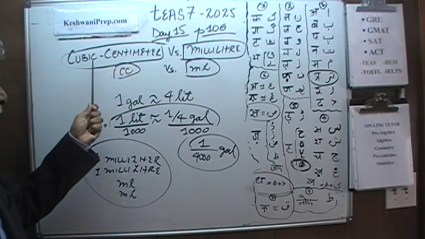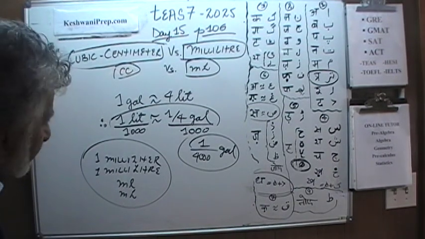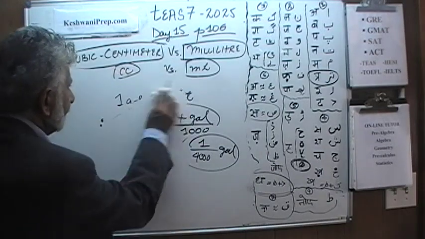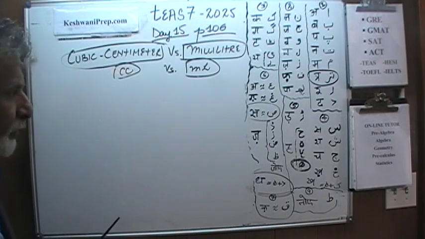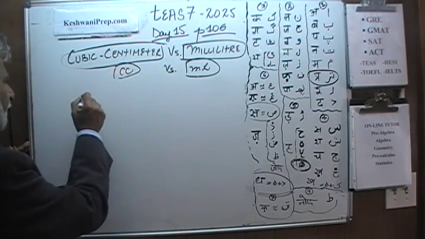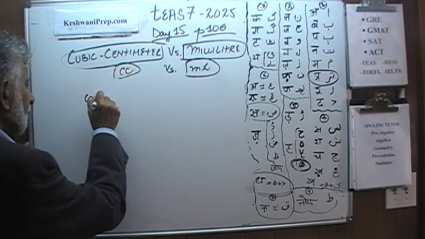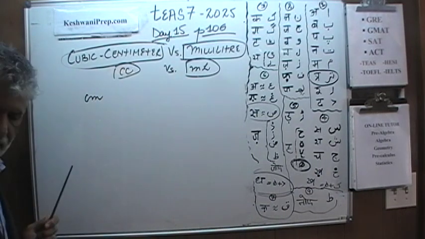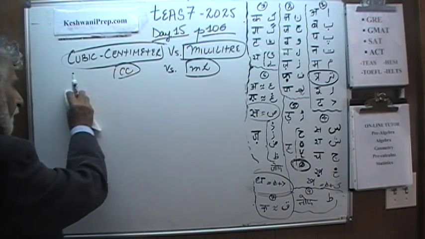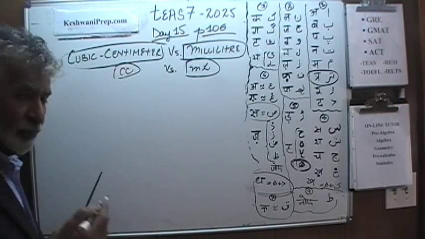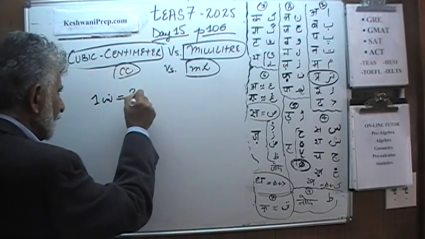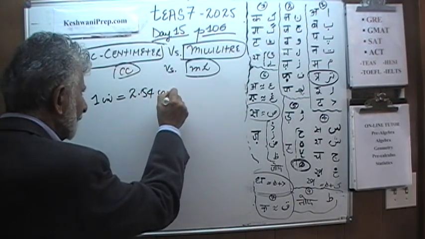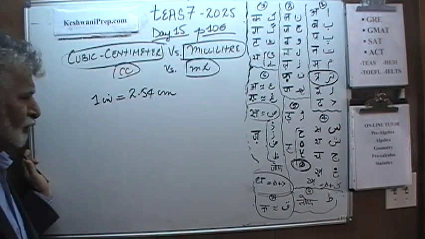Now, how does it relate to cubic centimeter? Let's take a look at it. Before we get into this, we have to first understand what a centimeter is. How long is a centimeter? Again, we don't have to be precise for the exam, you just have to understand the concept. 1 inch is actually 2.5 centimeters, but you don't have to be so precise.